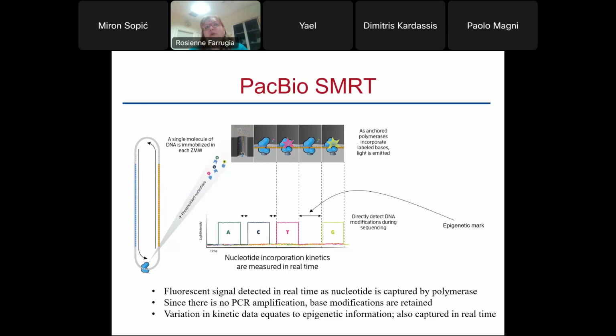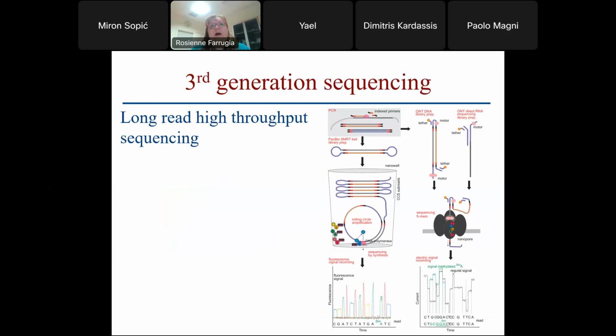So like Oxford Nanopore, PacBio sequencing gives you long reads and also gives you epigenetic information within the same experiment. So you can basically get two data sets in one run. You can get the whole genome sequence and all the epigenetic marks which are present on that genome.